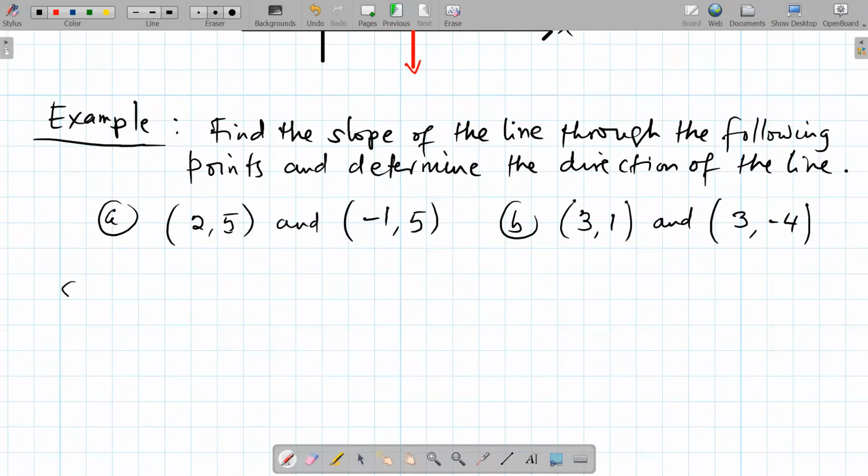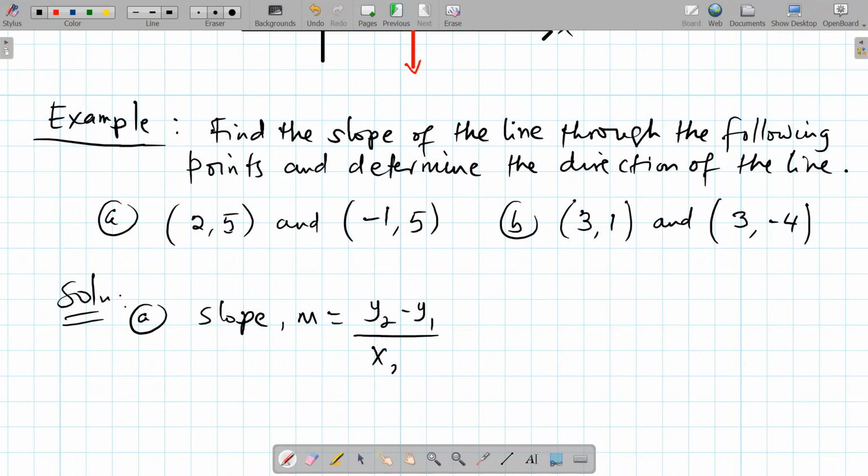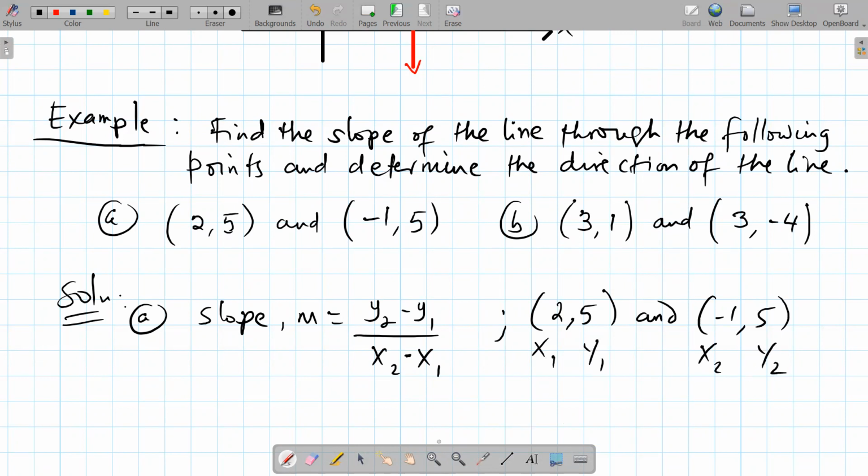So as usual, use the slope formula. Slope m is y2 minus y1 over x2 minus x1. Okay. So in the first case, I have my points as (2,5) and (-1,5). So that would be my x1, y1, x2, y2.